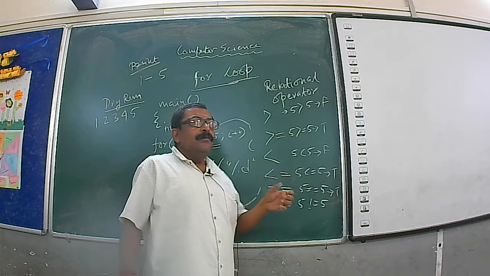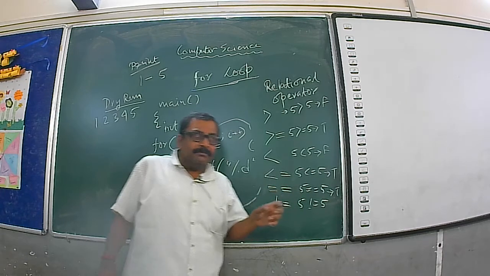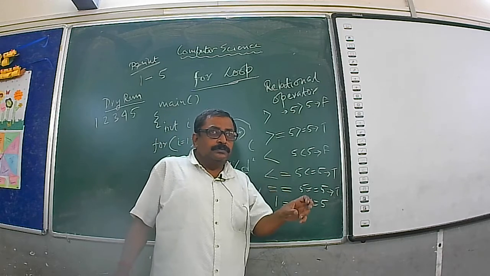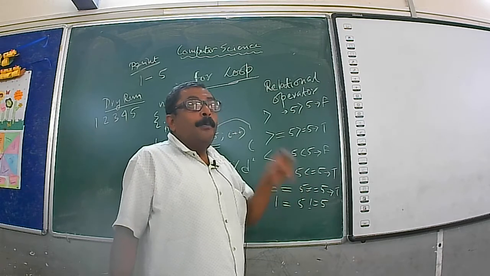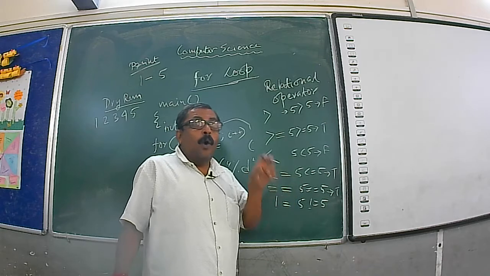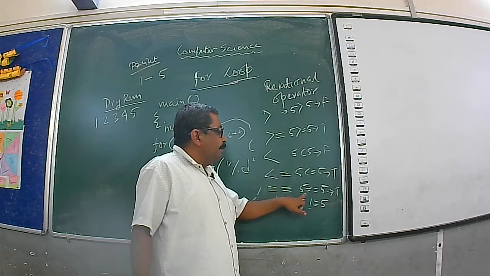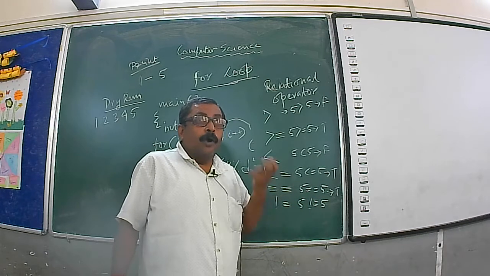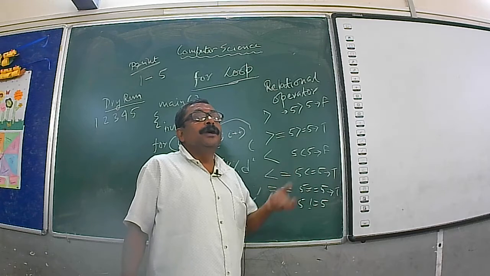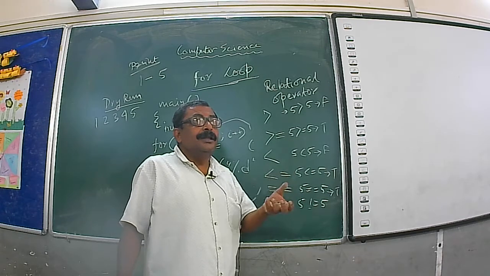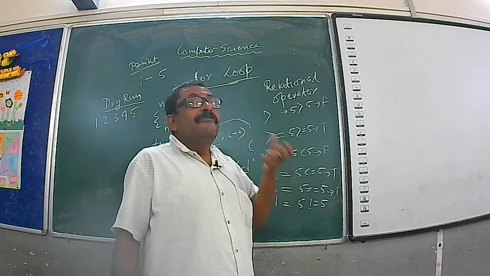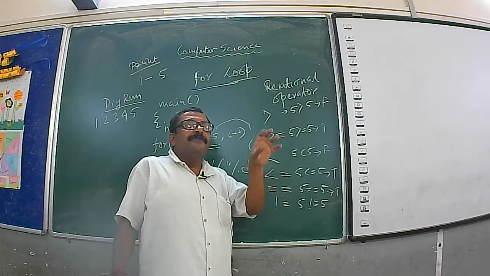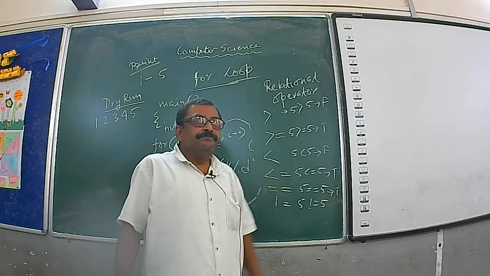Because when we have to check whether two numbers are equal or not, we have to give the is-equal-to operator. When is single equal to required? Only when we want to initialize any value. For example, x is equal to 5. That means the value of x is 5.